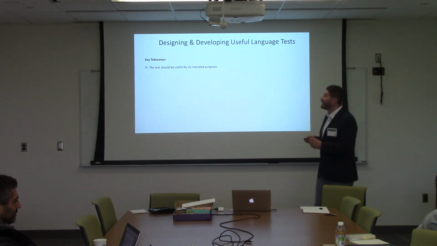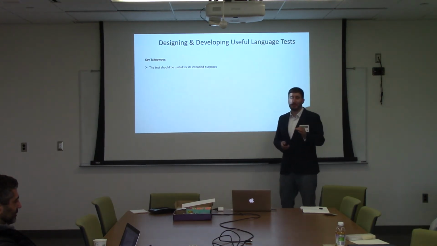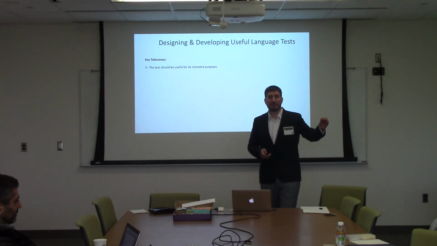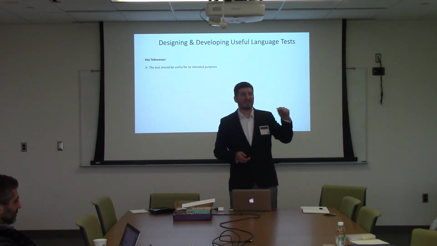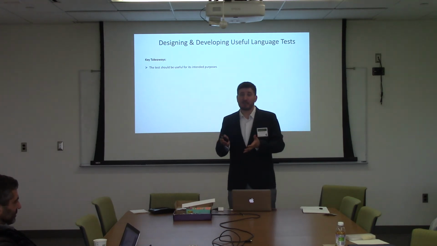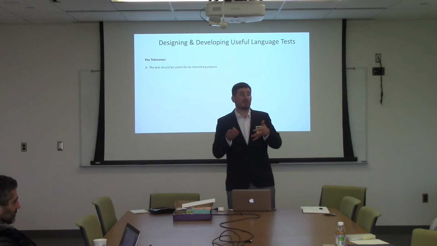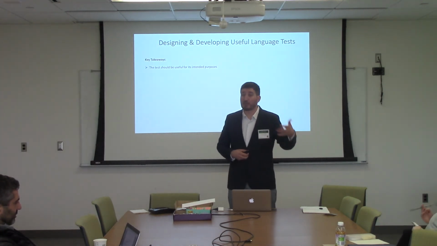So the key takeaway, number one, the test should be useful. Okay? For what? For its intended purposes. That's very important. You need to know what is the purpose of that task before you even start designing it, so that it works for that purpose. If your purpose is to see how much they know, what kind of task should you be doing?